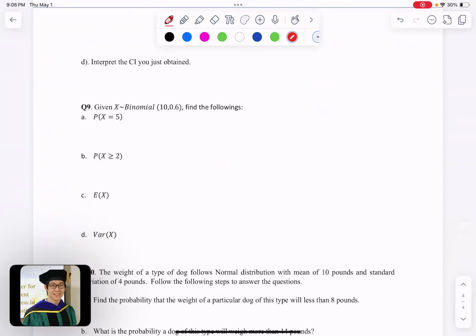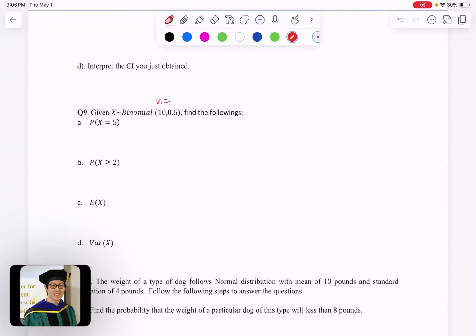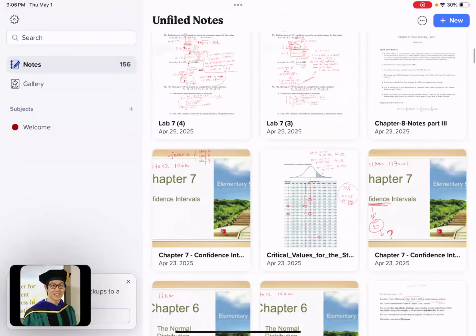So question 9, given x follows binomial 10, 0.6, find the probability of x equals 5. N equals 10, and little p is 0.6, right? So we need the binomial distribution table.